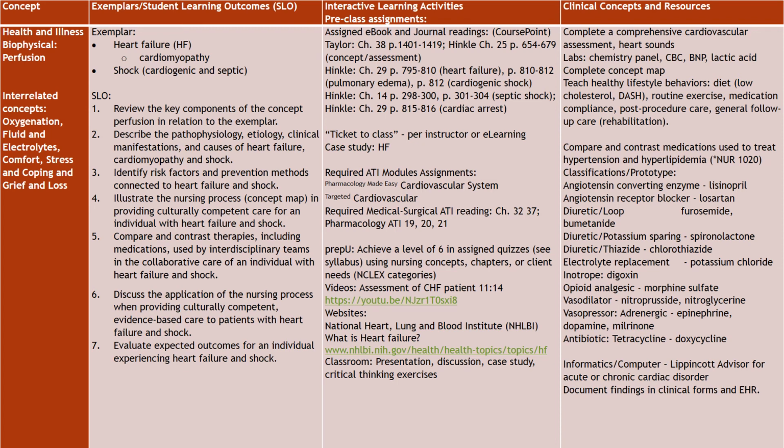So this is your CLM learning outcomes, basically learning about the concept of perfusion, describing the patho and clinical manifestations of heart failure, shock, cardiomyopathies, risk factors, prevention methods, how to care for patients when they're in heart failure or shock, and what are different therapies, medications, testing that you may see with these patients.